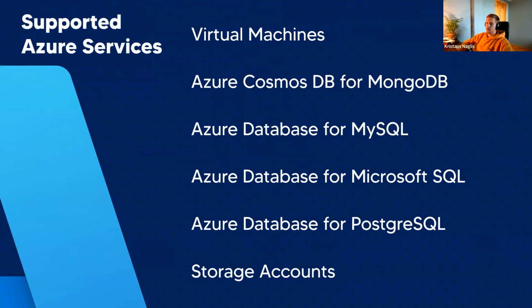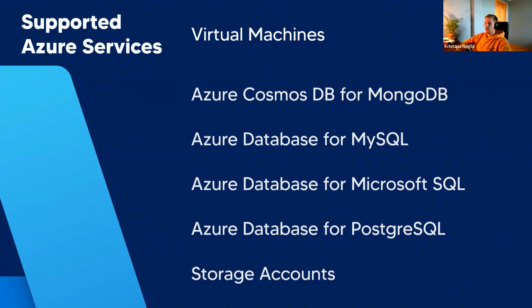So what we try to do is find the most popular ones, the most critical ones that are needed for the users, and also listen to you, the Zabbix community, for your requests for these services and try to implement them. So for Azure, we have virtual machines, Azure Cosmos DB, then regular databases, and storage accounts for your data object needs.